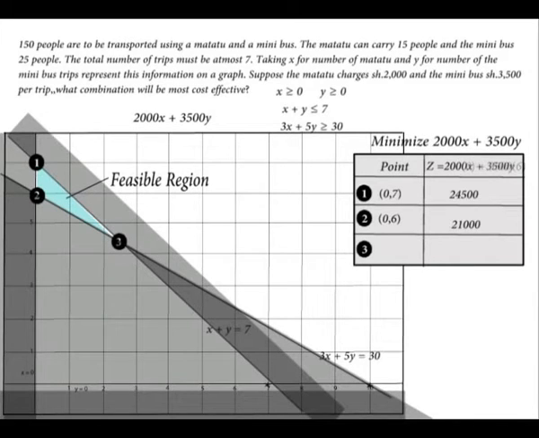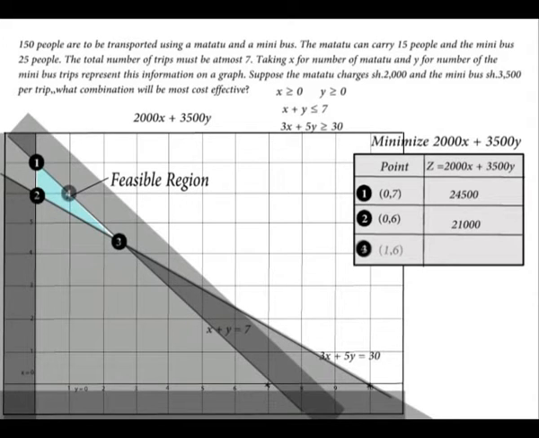Now, the coordinates of corner 3 have decimals, and because we are dealing with a real-life situation, we cannot select it. Obviously, because we cannot have a fraction of a trip, like half a trip. What we normally do is pick the nearest point to that corner, but within the feasible region and with whole number coordinates. Looks like that point will be 1, 6.